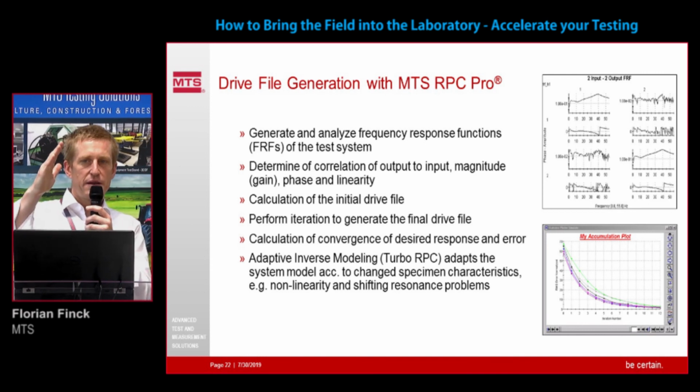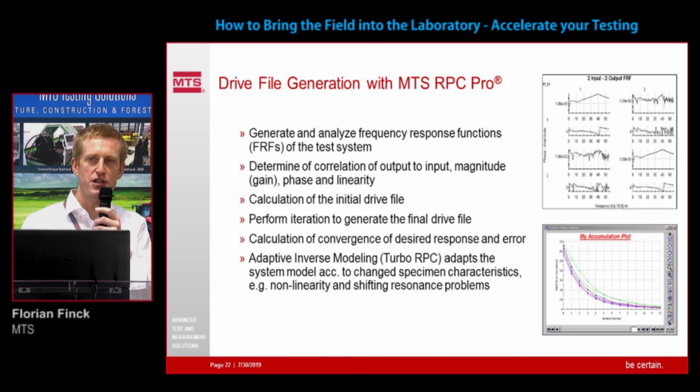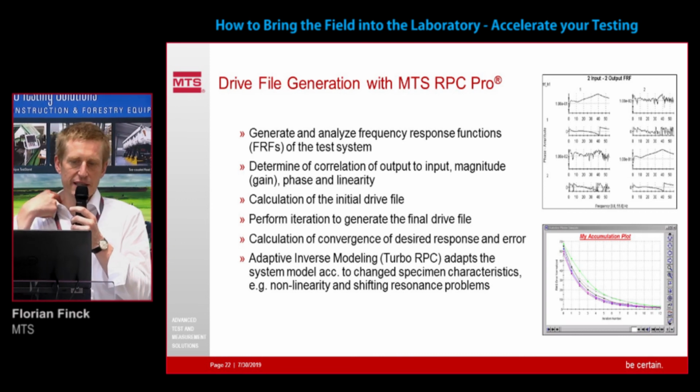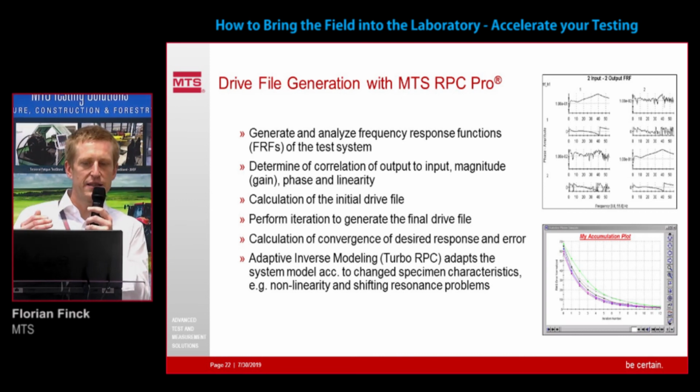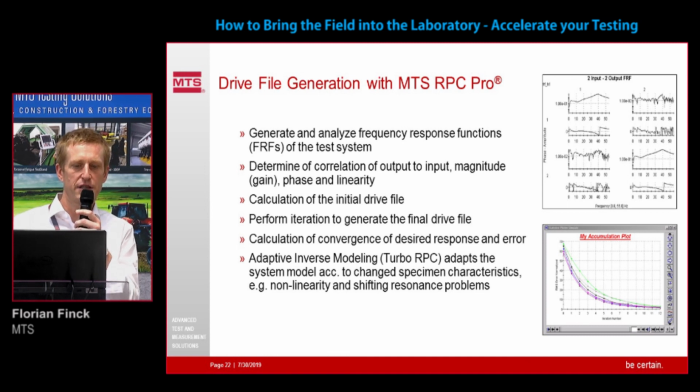And while the deviations between the target signal and the response go down, we can increase the gain until we say the data converge, that we are good enough to use this set of data as a set of drive files, and then use these data for our test. We also have adaptive inverse modeling techniques, turbo RPC, that can adapt the system model according to changed specimen characteristics.